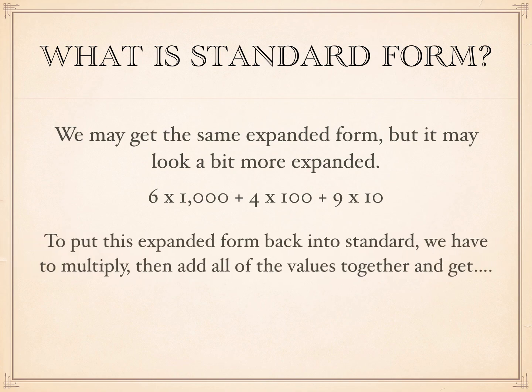To put this expanded form back into standard form, we have to multiply, then add all the values together, and we would get 6,000 plus 400 plus 90 after we multiplied, and then we add them all together, and we would get 6,490.